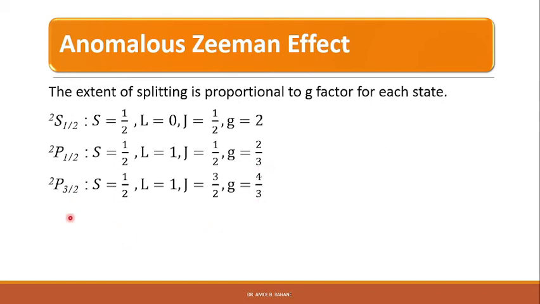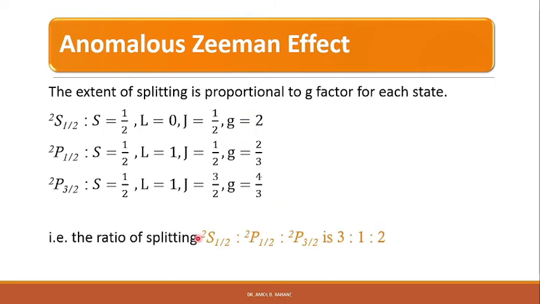For 2P 3 by 2, S is equal to half, L is equal to 1 and J is equal to 3 by 2, and therefore g is equal to 4 by 3. So this splitting is in terms of the ratio. If we take the ratio of 2S half to 2P half to 2P 3 by 2, that ratio is 3:1:2.